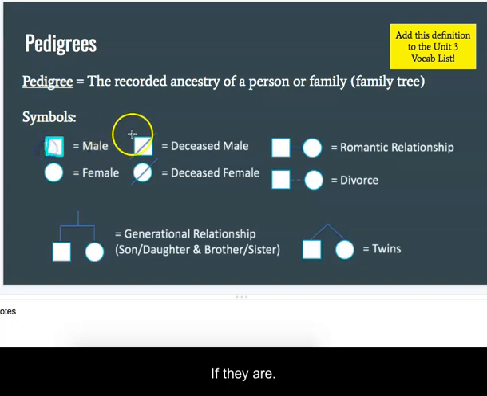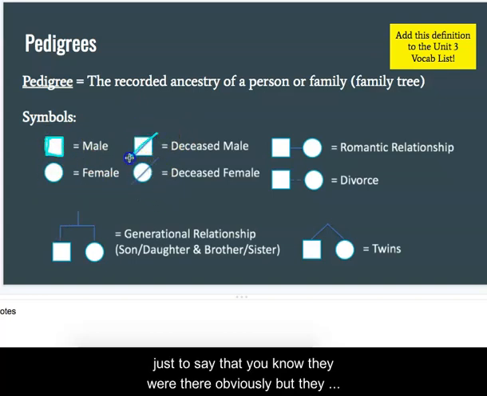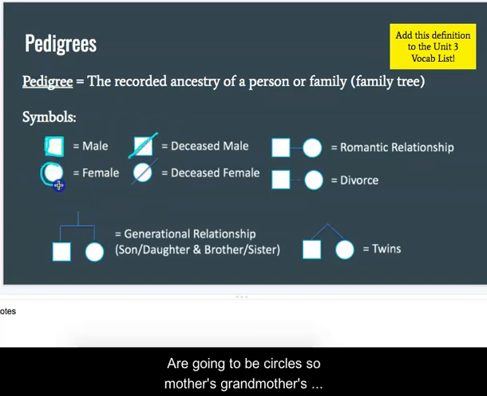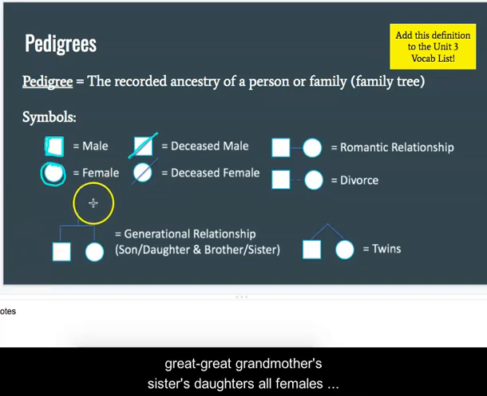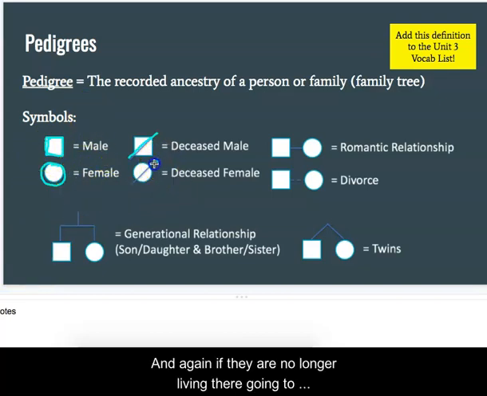If they are deceased, we often put a slash or an X through them to say they were there but are no longer living. Females are going to be circles. So mothers, grandmothers, great-great-grandmothers, sisters, and daughters are all circles. Again, if they are no longer living, they get a slash, or sometimes an X.